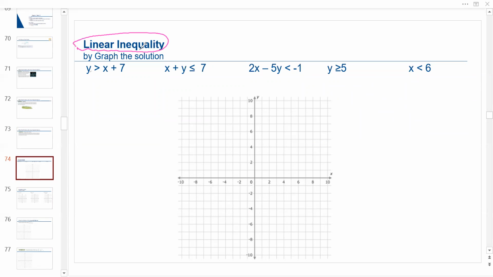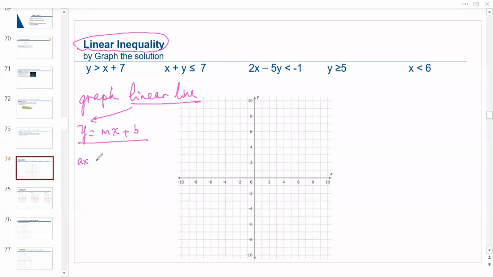Before we move to linear inequality, actually we learned how to graph a linear line, right? A linear straight line, equal what? You can always write it in slope-y-intercept format. Also, you can use the standard format.